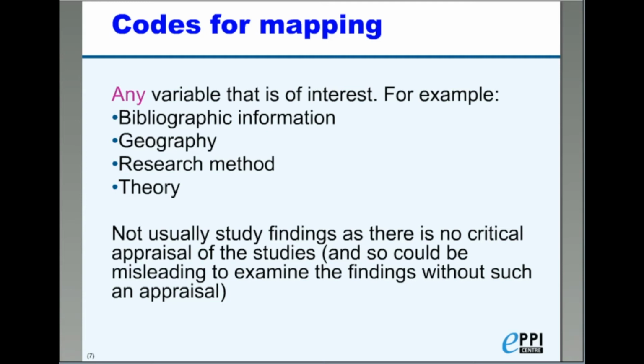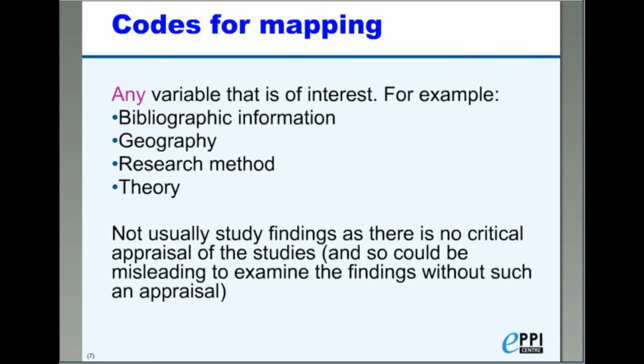So what about the codes that you might want to have for mapping? Well, mapping is describing the nature of the research field. What do you want to know about the research field? Whatever your review is on, that may be your topic of interest, something you study. What is it you'd like to know about that research field?